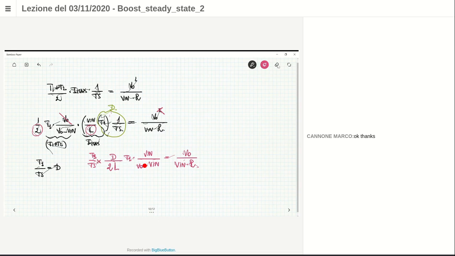Okay, nothing changed, but now I have again another duty cycle, which is T1 over Ts. So I can say that T square QL Ts becomes 1 over Fs, and then I have V in over V naught minus V in divided V naught, okay, V naught over V in is exactly that conversion ratio I'm searching for.